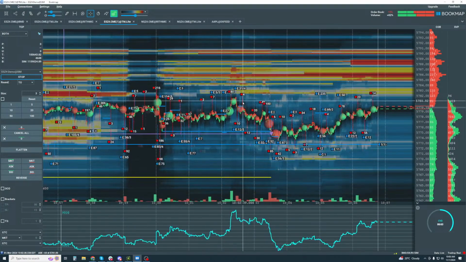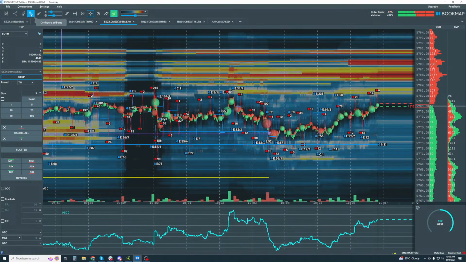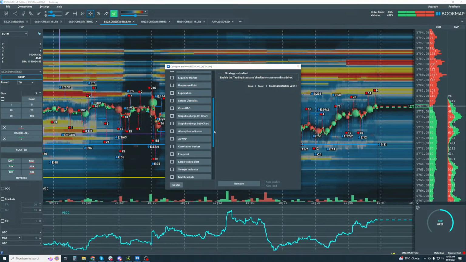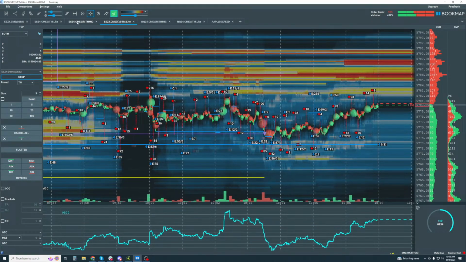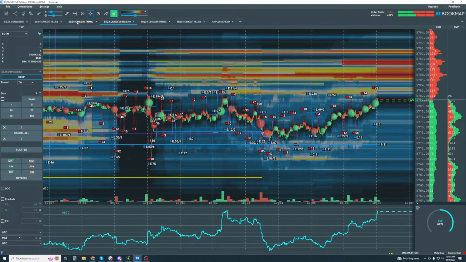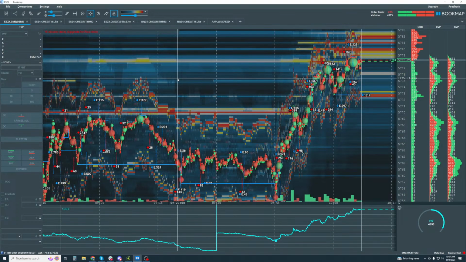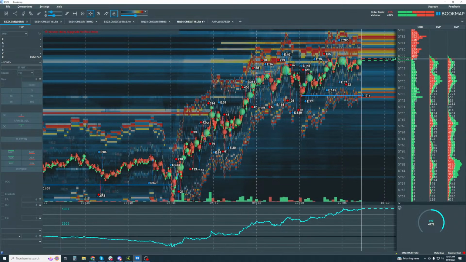Anyway, I want to take them off for the moment, just to simplify the chart. I love the stops and icebergs here, but we're going to take them off the chart for now.